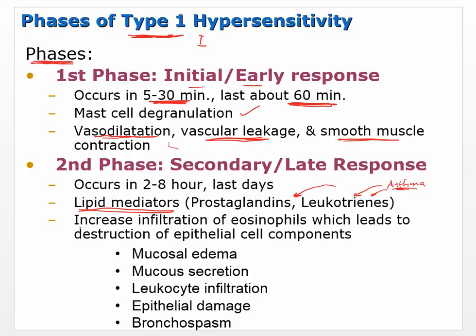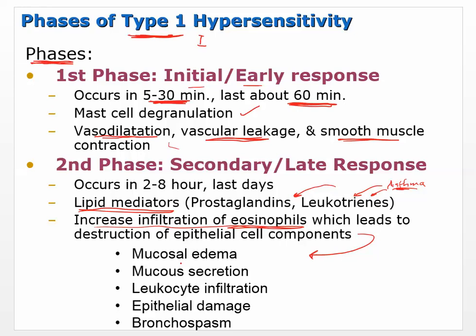So there's also an increase, because remember, white blood cells need a signal first, and then they need to get to the place where whatever has happened. So you have an increased infiltration of eosinophils, which then leads to the destruction of epithelial cell components. The eosinophils get in there, and they start to break things. They start to kill whatever cells may be in the area.